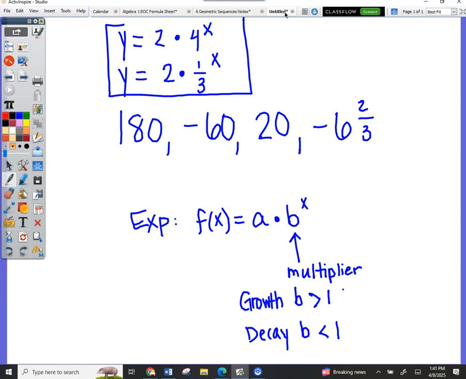So if you're trying to figure out what you do to it, you gotta work backwards. Almost. So like what Coach just said, if I'm trying to figure out how do I go from here to here, I know I'm multiplying by something, but I don't know what it is. Then come up here and say to yourself, well, I'll just work backwards. What's negative 60 divided by 180?